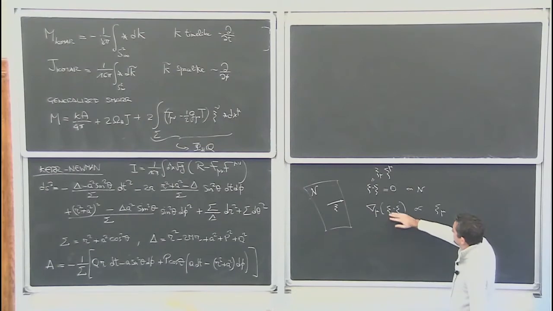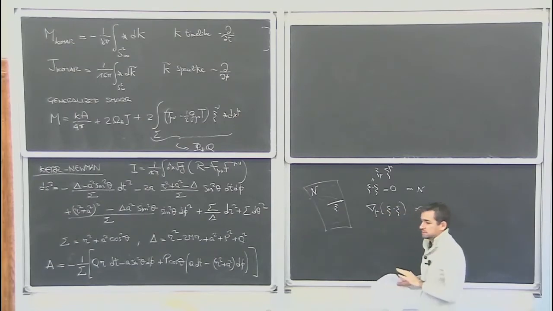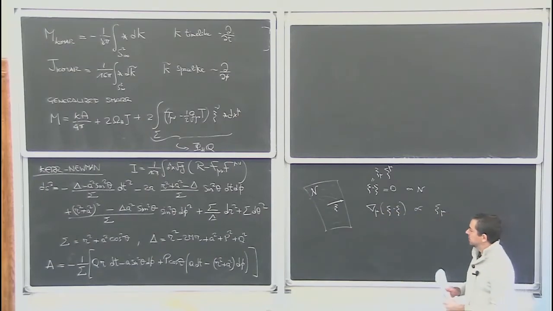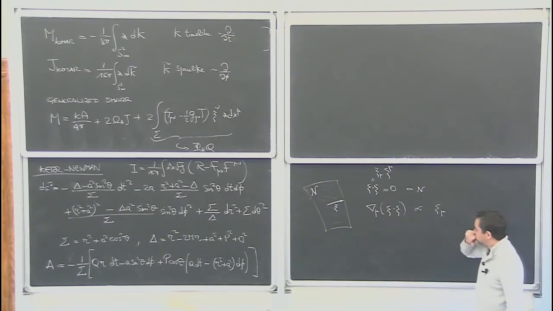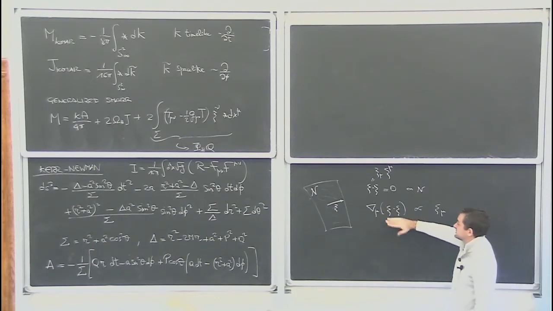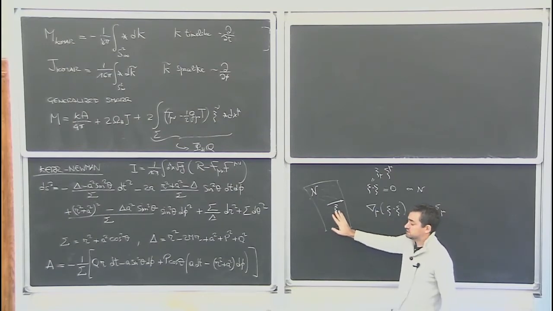So the fact is that xi dot xi is 0 everywhere on N. So as long as I move tangentially to N, this function xi dot xi, the square norm of xi, is 0 on N. So the part of the gradient that is tangent to the surface is just 0.